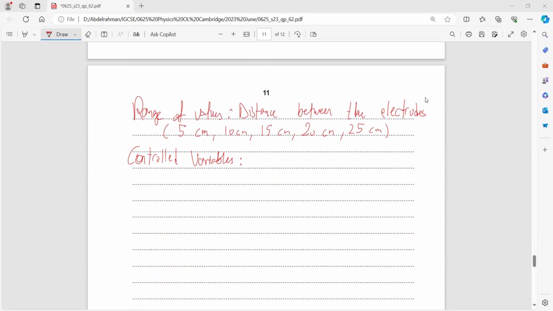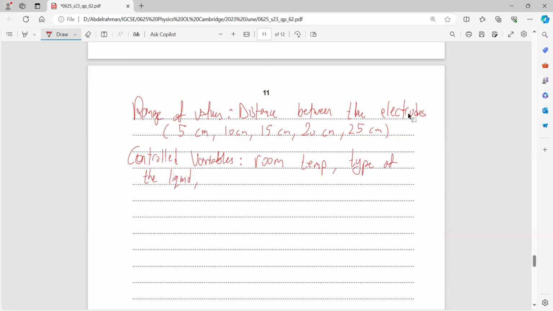What else? Room temperature is not wrong, I can write down room temperature. The solution the electrodes are in, the type of the liquid. I can say type of the liquid, which is the solution.